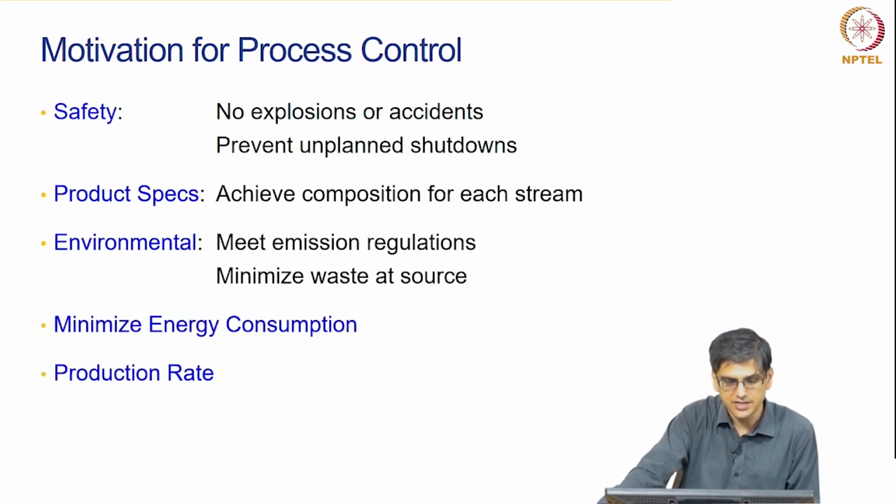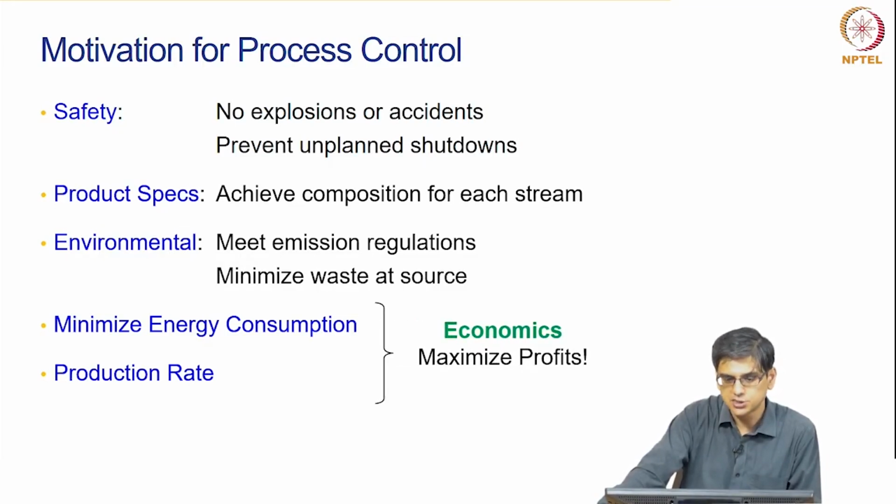In addition to that, the other aims are to minimize energy consumption and to maximize the production rate. These last two come under the category of economic optimization. So this comes under the category of safety, this comes under economic optimization, and this comes under what is traditionally covered in a control course.